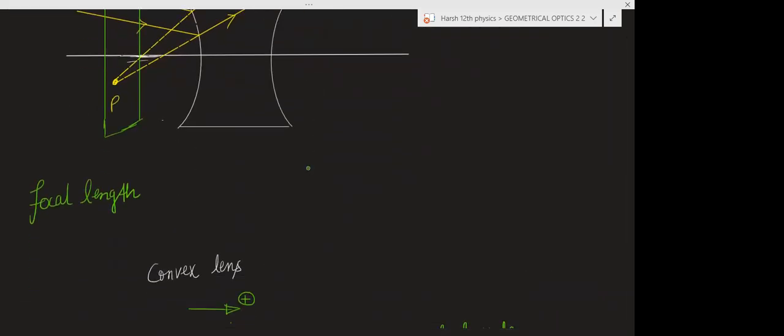Now for the concave lens. Focal length, you can write: the distance between the optical center and focus.